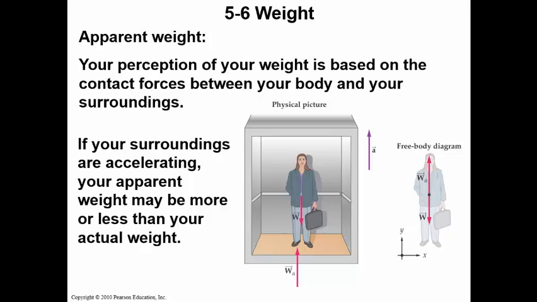When the elevator is not accelerating, it pushes equal and opposite to your weight. But when it's accelerating upward, it pushes harder on you. When it accelerates downward, it's moving away from your feet. It doesn't push as hard, so you feel lighter.